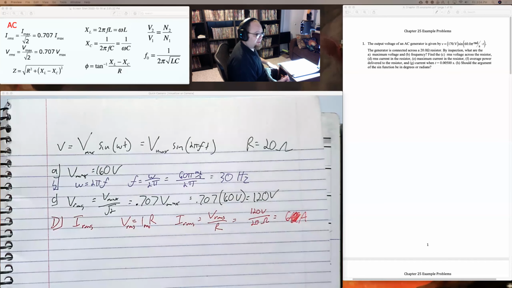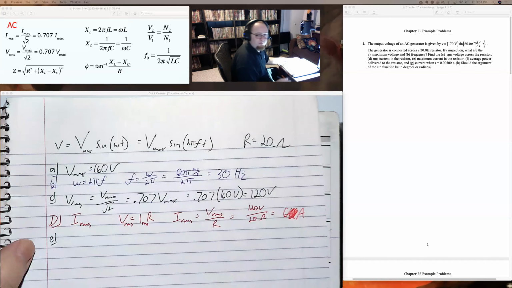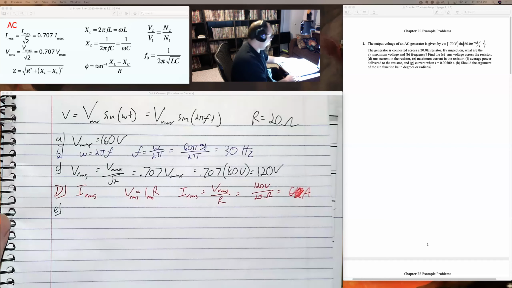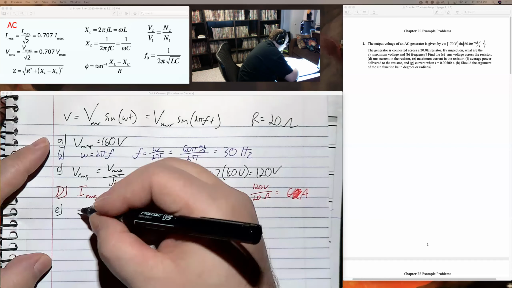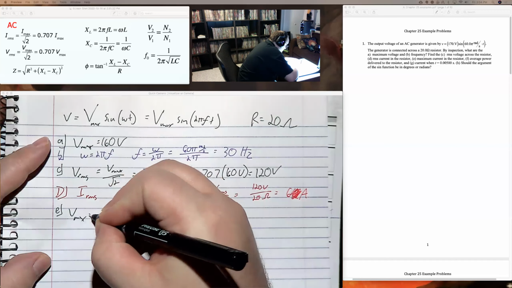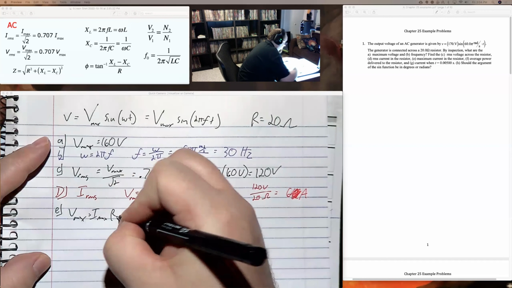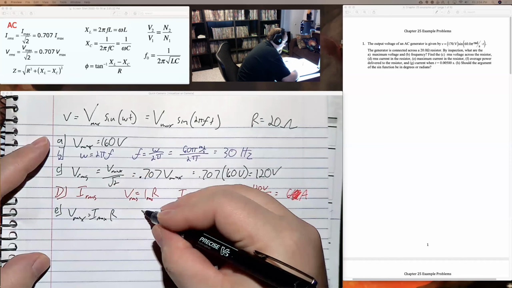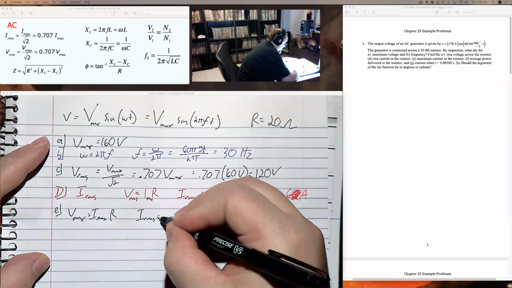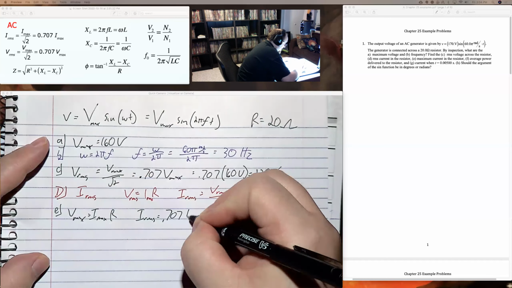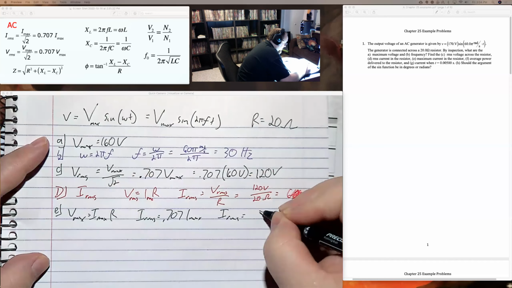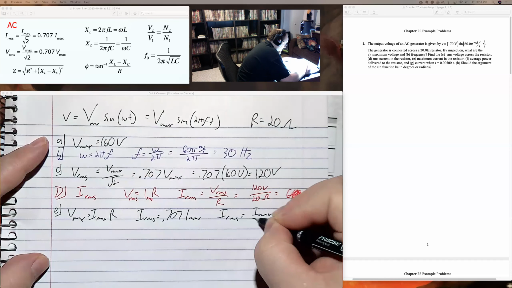This keeps going. This is one of the longest. This problem has more parts than any other problem I've ever done, but they're all pretty straightforward. So, E, maximum current. Well, I can get that two ways. I could say V max equals I max R, or I could just say that I RMS equals 0.707 I max, or I RMS equals I max over the square root of 2.